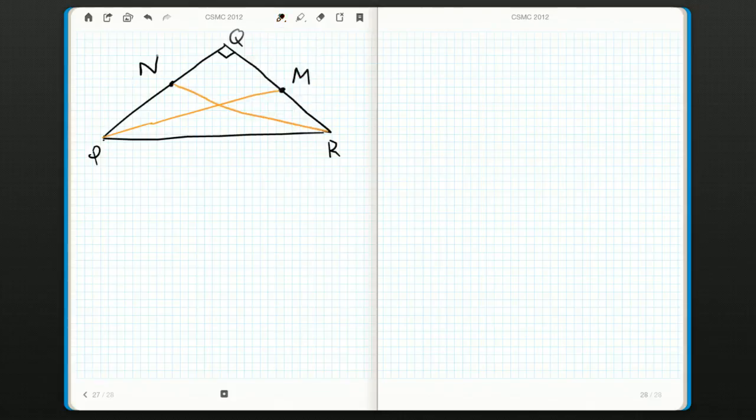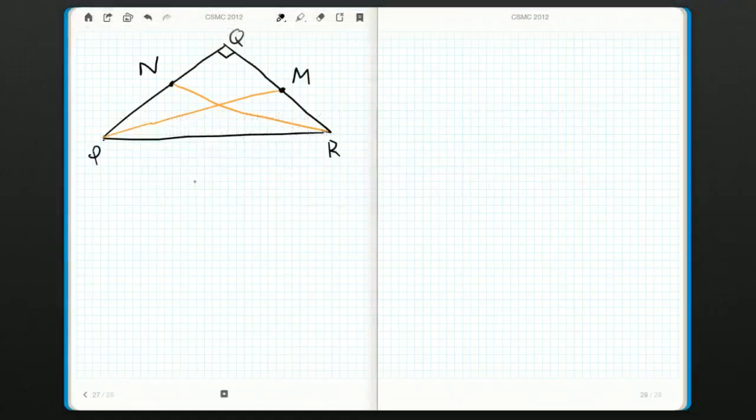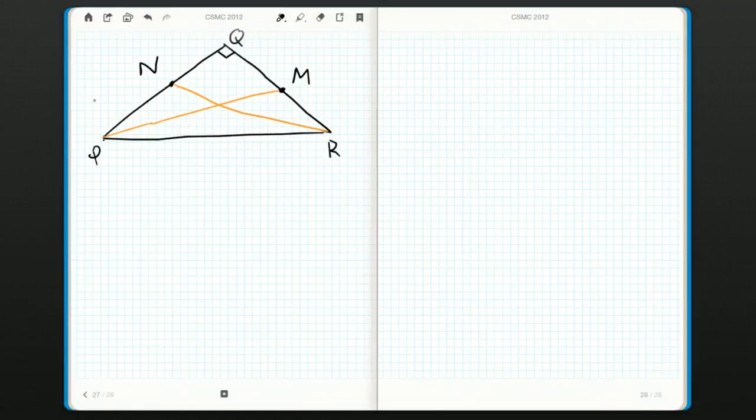I think QR is 8, but we'll just double check that. QR is 8, PQ is 6. Okay, and we want the lengths of the medians. So this is 6, and this is 8.